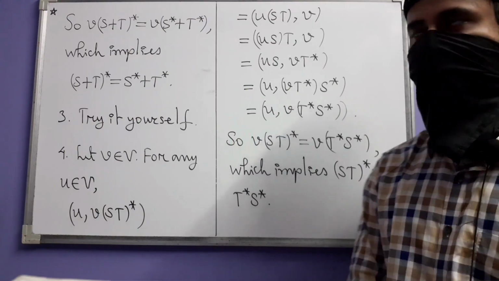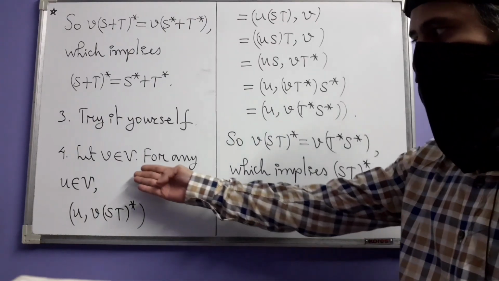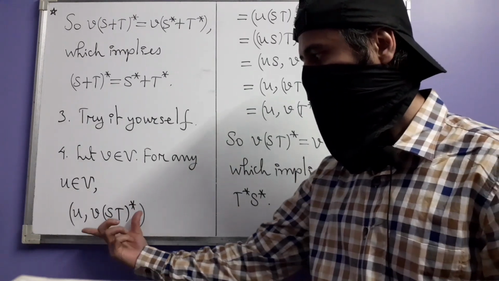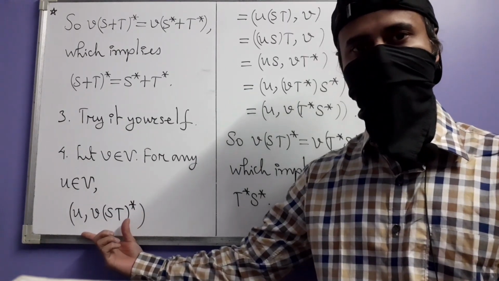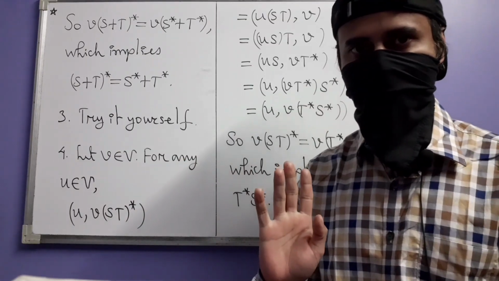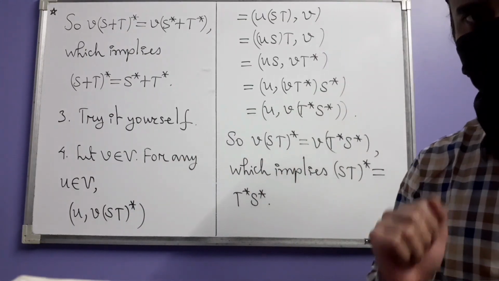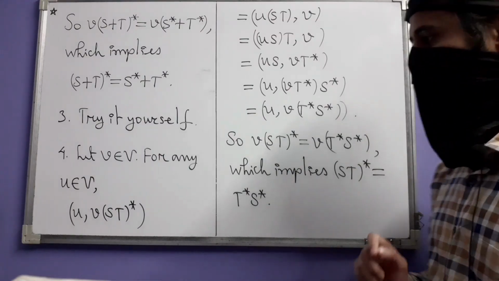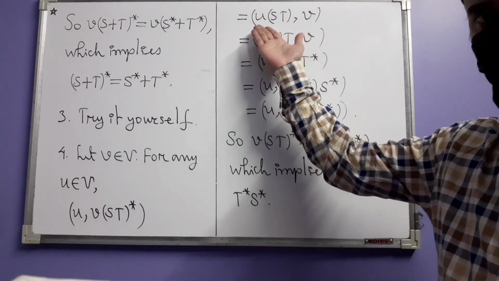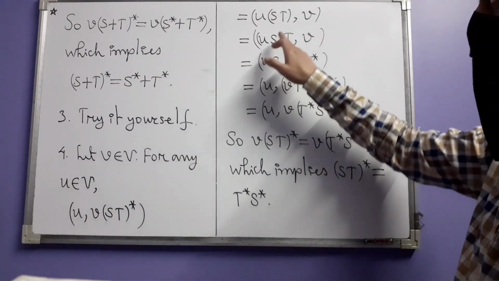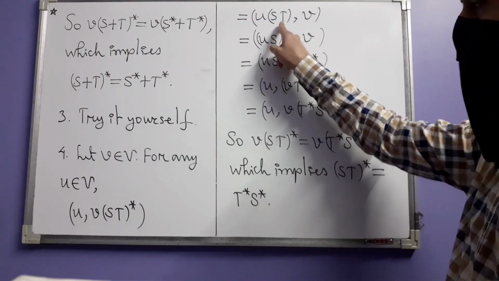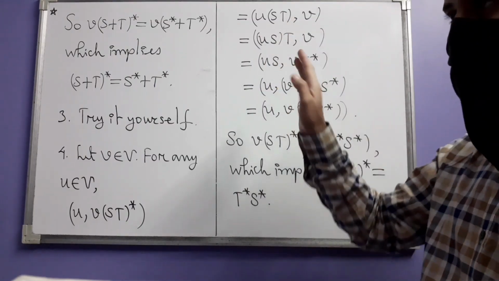And finally, we have part 4, where again we take any V in V, and for any vector U in V, this time we consider this inner product, the inner product of U and the ST star image of V, that is the star of the product ST, that is the operator. So this, as usual, gets transferred to the first component, it loses the star, and then we apply the meaning of the product ST here.